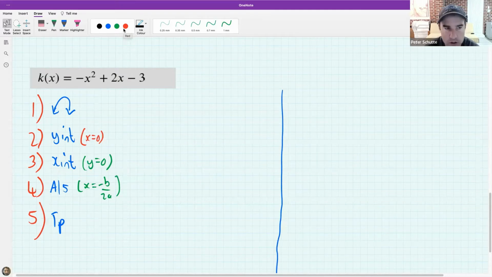Your y-intercept looks good to me. You guys are really doing well. Woo, someone has hit again TP already. Okay.